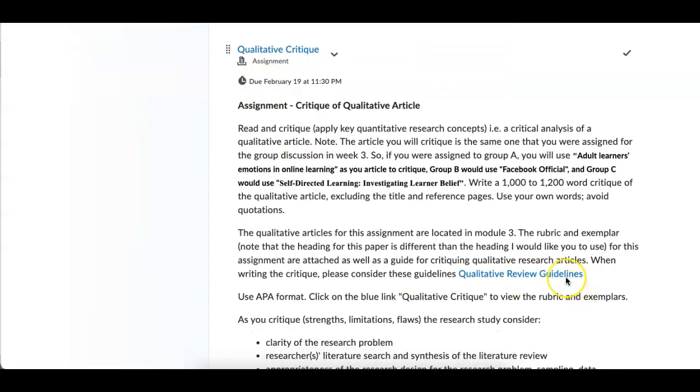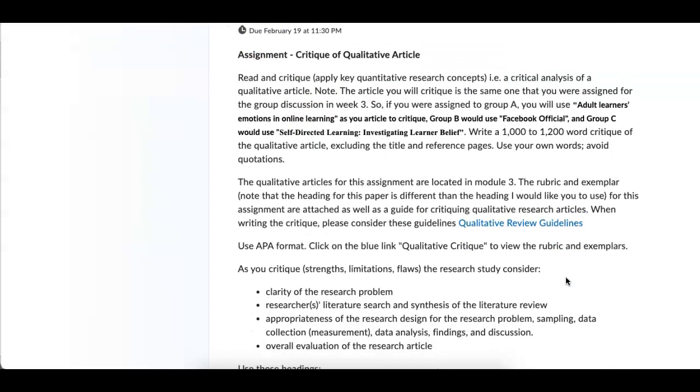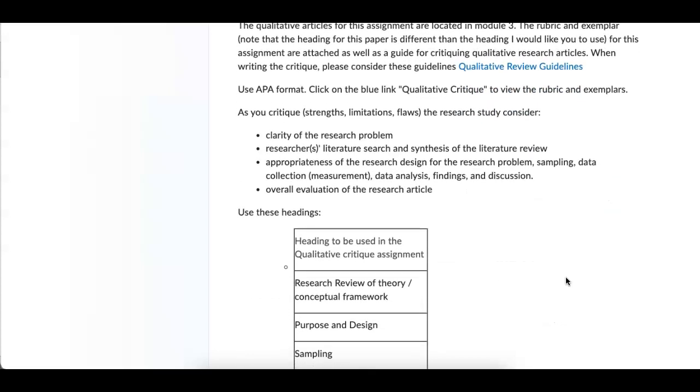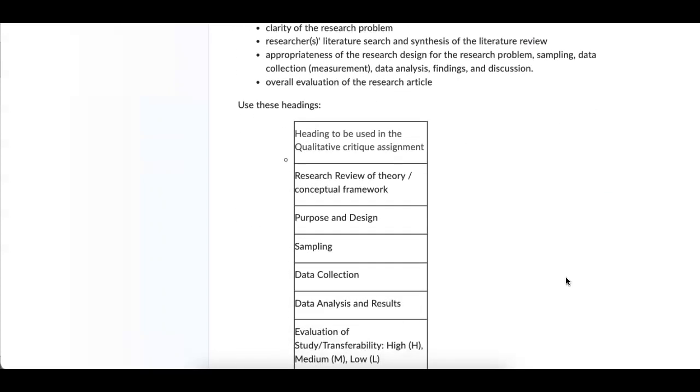So here are the guidelines. In a nutshell, you are taking your discussions and writing an individual critique, 1,000 to 1,200 words, and you're putting the sections that you discussed in the group work into a paper without copying and pasting it in. Let me know if you have any questions on the assignment or want some clarification.